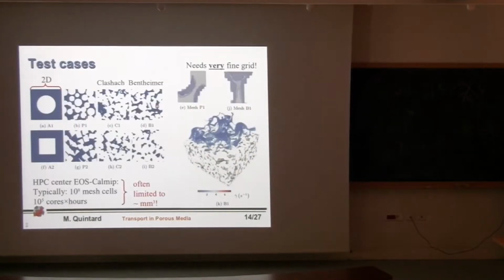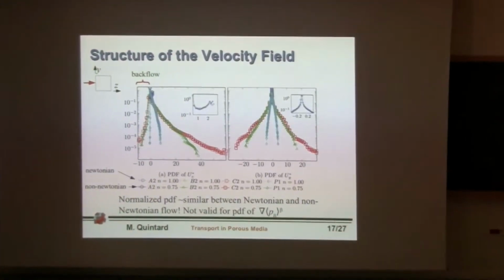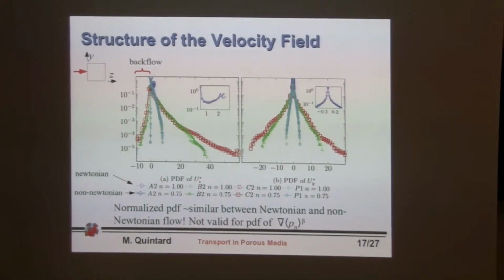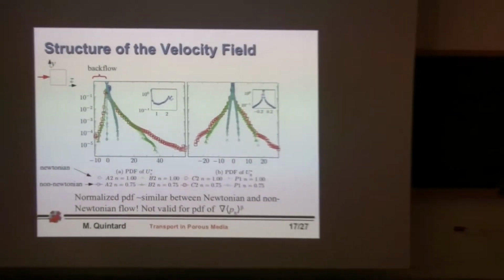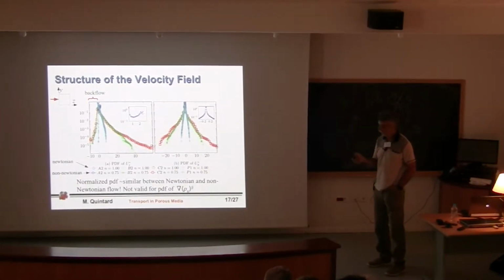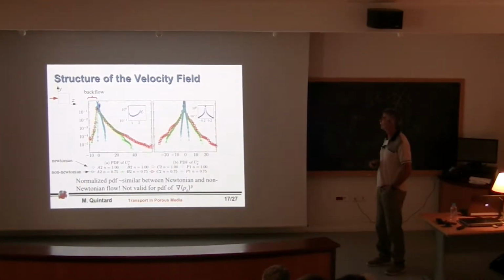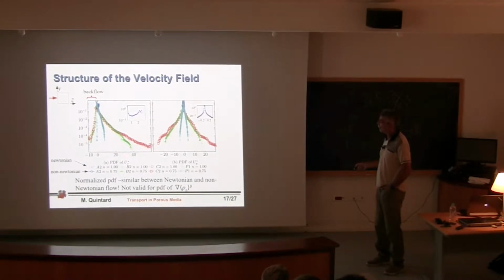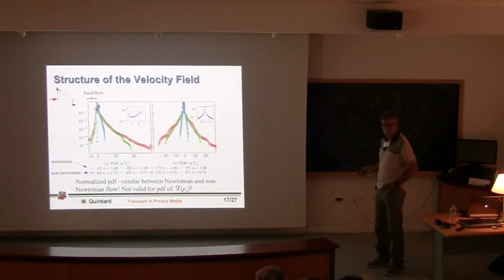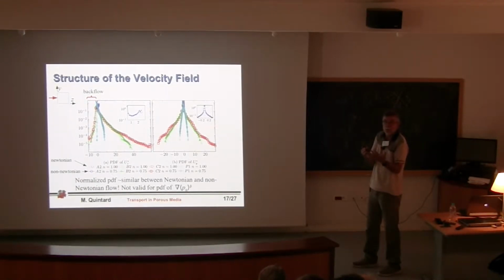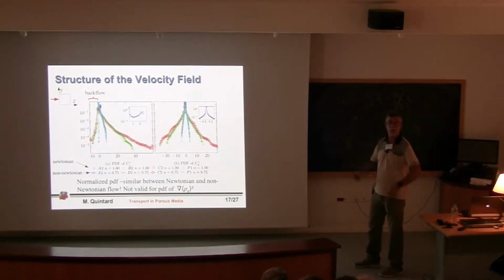But the normalized velocity is actually divided by gamma, the shear rate, times a length scale. And with that normalized velocity, you can look at the differences in terms of topology, because if you don't do that, there will be a huge difference between the PDFs.